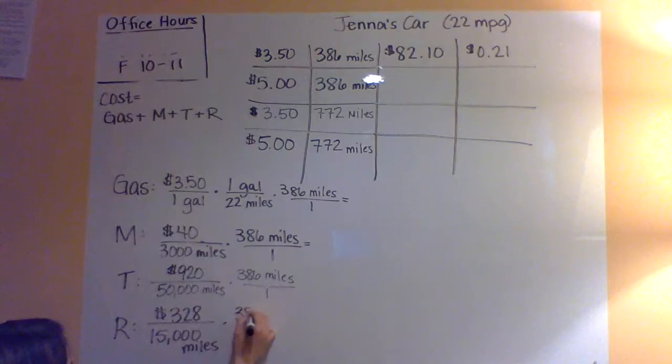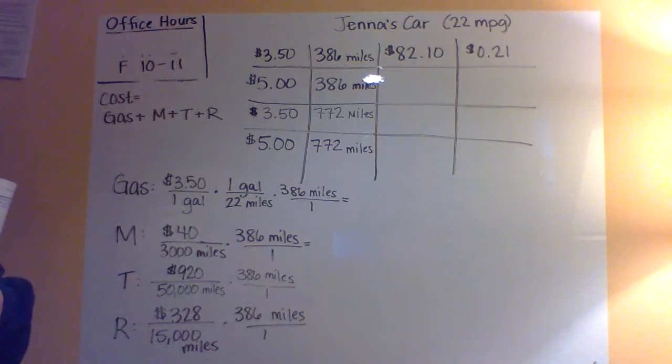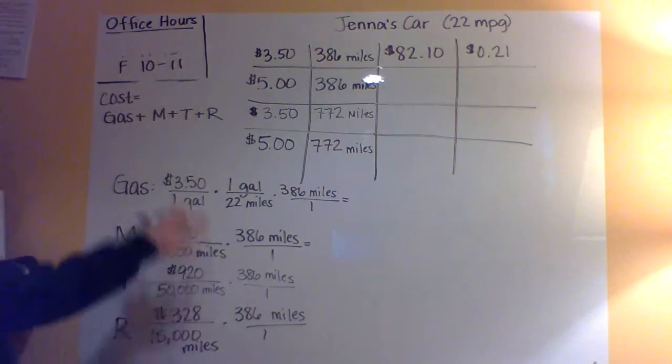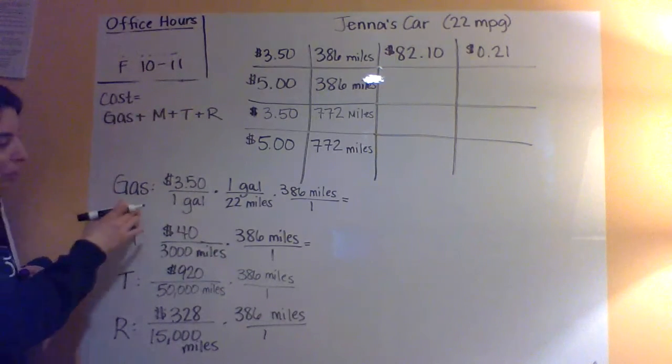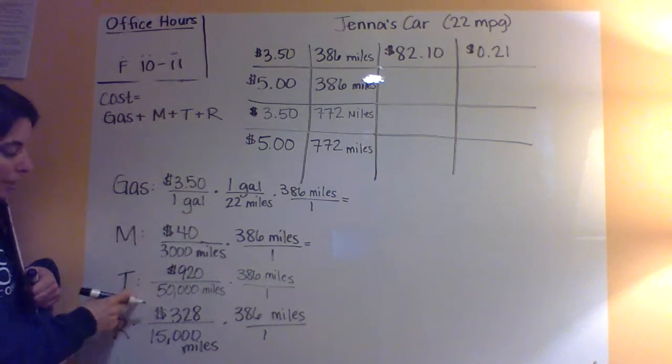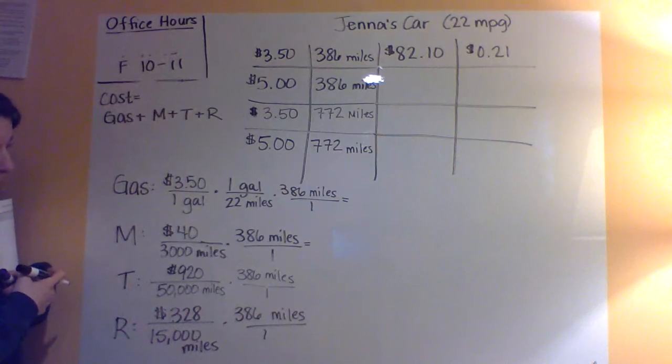And she was going 386 miles. Okay, so this is how we figured out everything that went into that first cost. We had a gas price, a maintenance price, tires, and repairs.